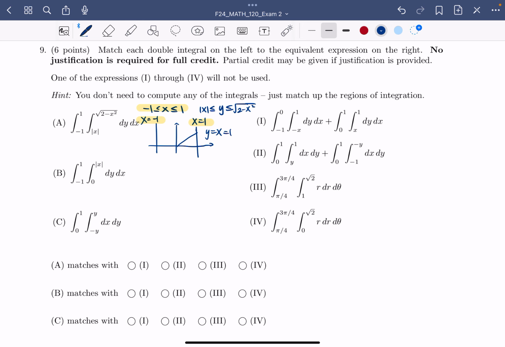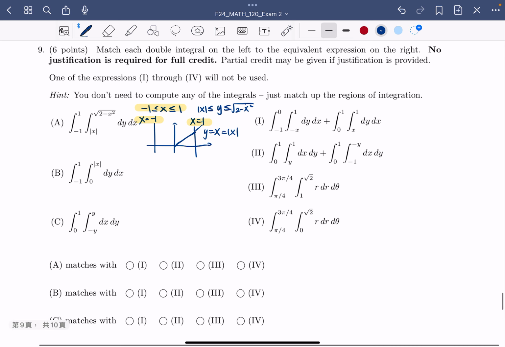So y equals the absolute value of x for this first quadrant. But for the second quadrant, it should be y equals -x. So it's not an entire line. It's more like 2 half lines for this y equals the absolute value of x.